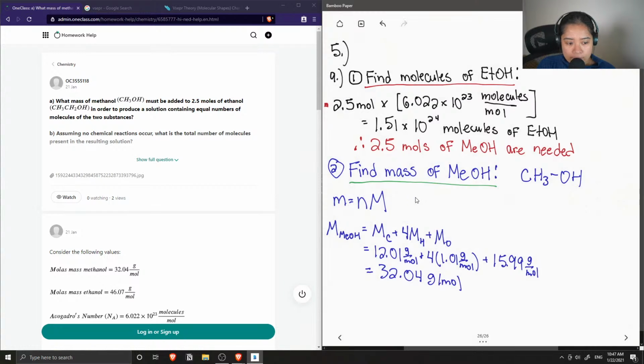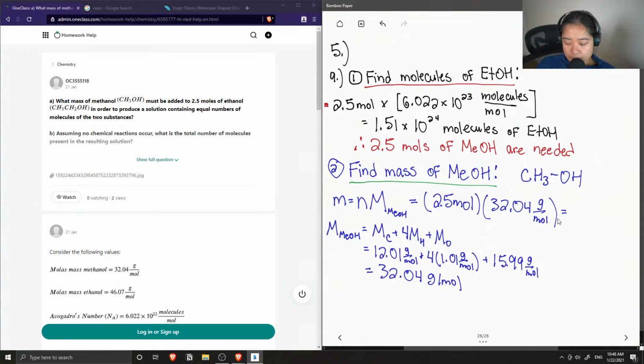So now we can plug this into our number of moles equation. We need 2.5 moles, and we calculated the molar mass to be 32.04 grams per mole.